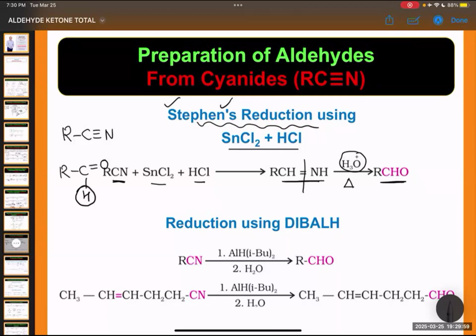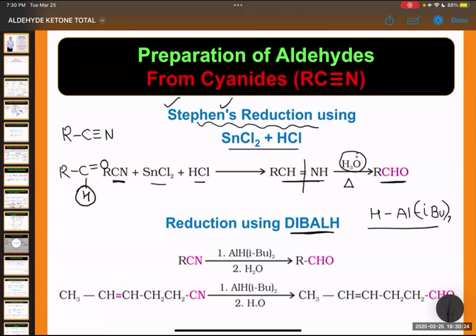Or there is one more thing which you can do. You need one H. So don't use LiAlH4. LiAlH4 is having 4 hydrogens. So use just one H. Diisobutyl aluminum hydride. This is known as DIBAL-H.